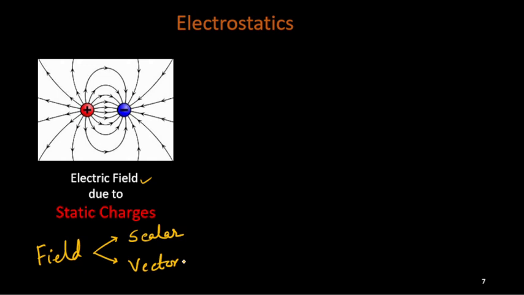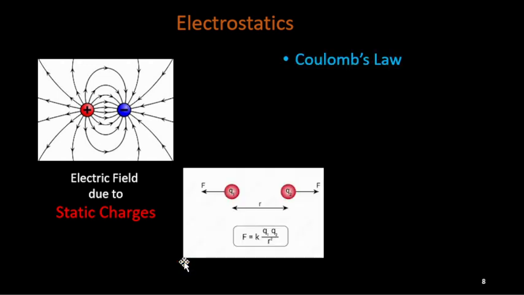To understand electrostatics, the first thing you need to understand is Coulomb's law, and that is very easy. If you have two charges Q1 and Q2, then one charge, suppose Q2, will experience a force due to Q1, and that value is K times Q1 Q2 upon R squared, where R is the distance between these two charges.